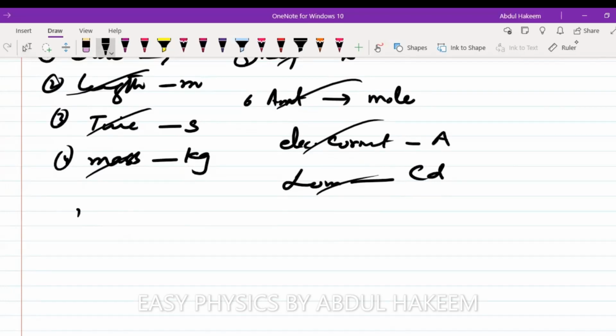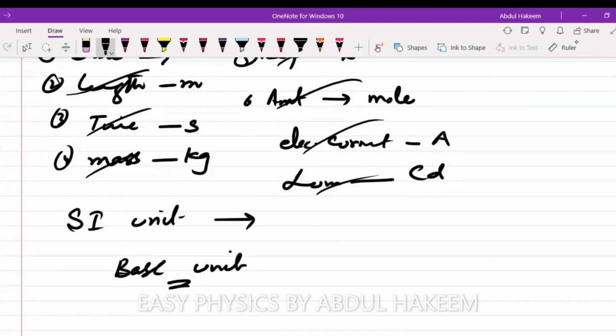One is called the SI unit, in which it is measured, and the second is called the SI base unit, or simply the base unit, which gives the information which basic physical quantities are used in the derivation of this physical quantity.